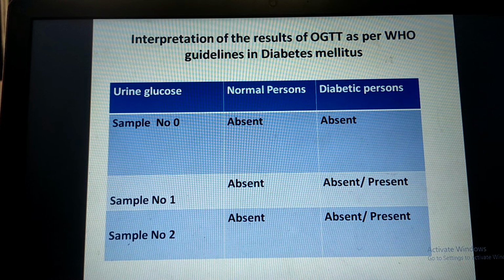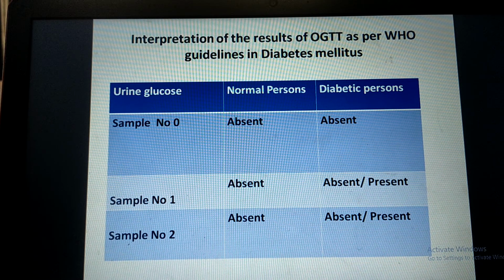Glucose in the urine is found when the blood glucose level increases above 180 milligram per deciliter. That 180 milligram per deciliter of blood glucose is also called the renal threshold value for glucose. That means when the blood glucose level increases above 180 milligram percent, then glucose starts appearing in the urine. The presence of glucose in the urine is detected by Benedict test.